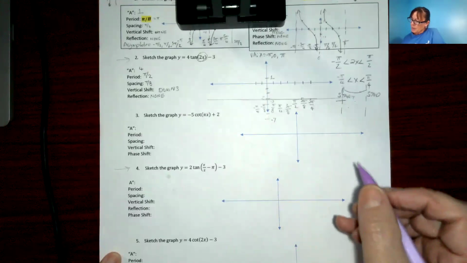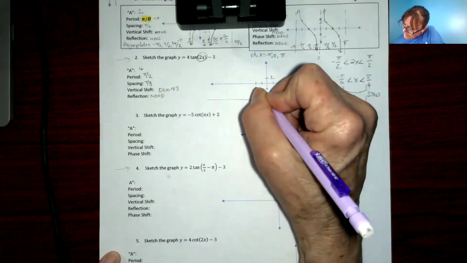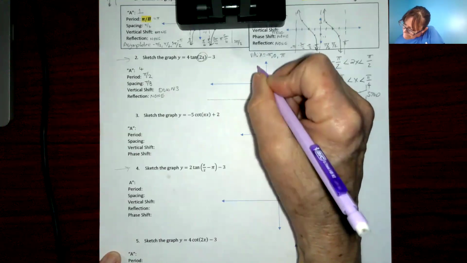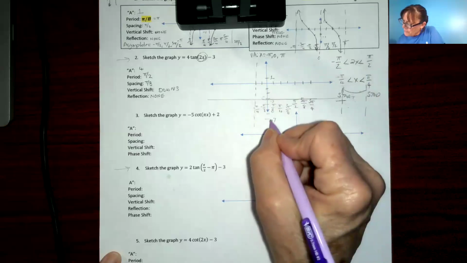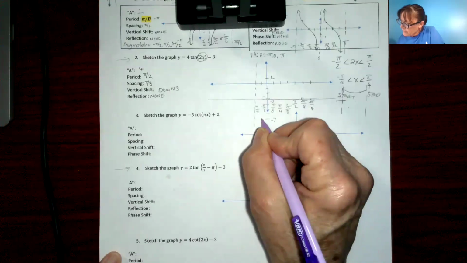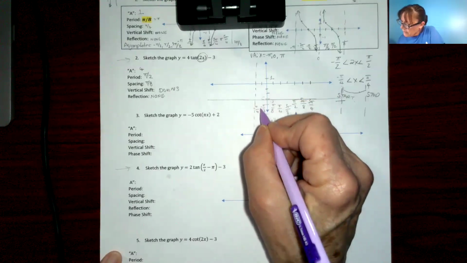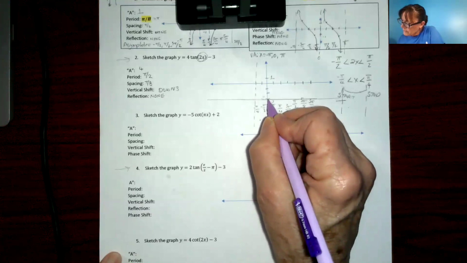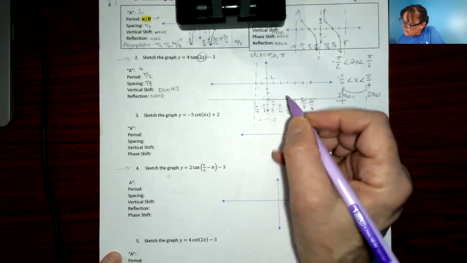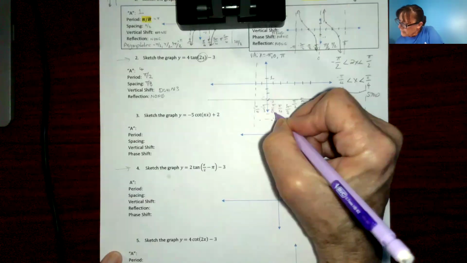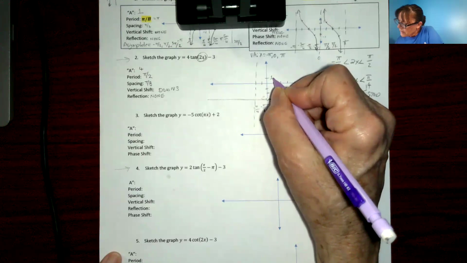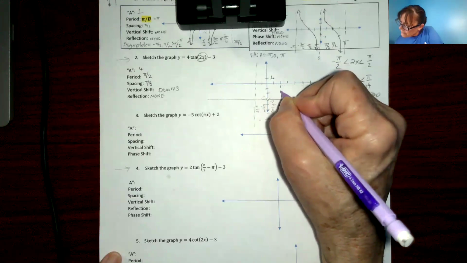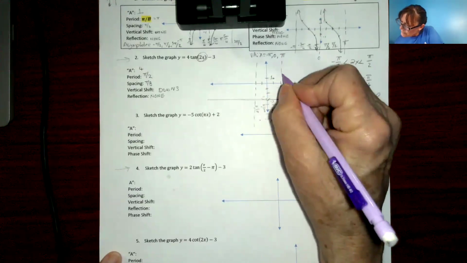Okay, here we go. Pi over 4. Asymptote. Low. Low is down here at negative 7, right here. Middle is at 0, here. High is at pi over 8 at 1. And then pi over 4 is my next one.